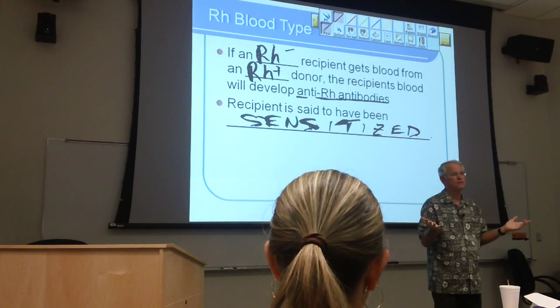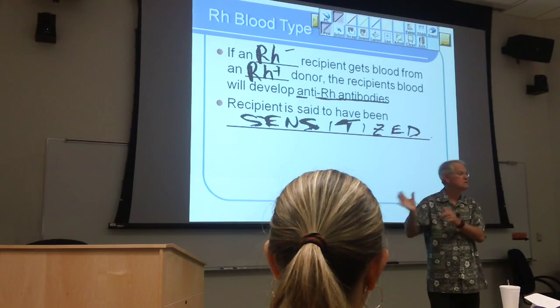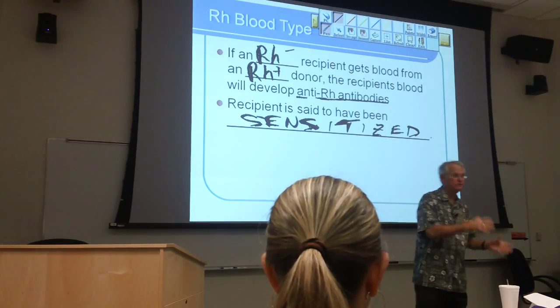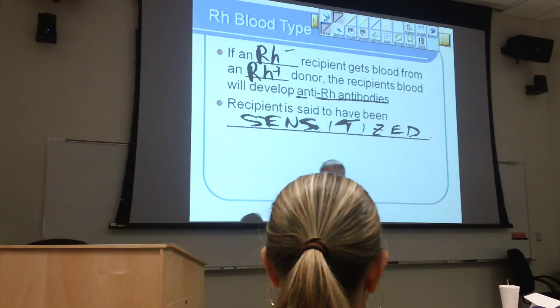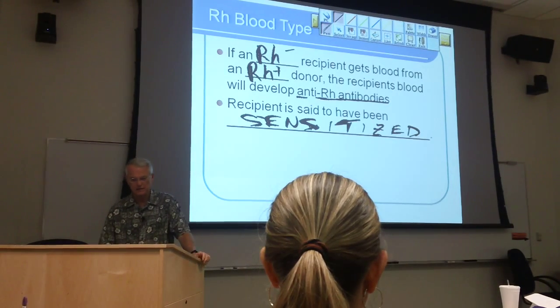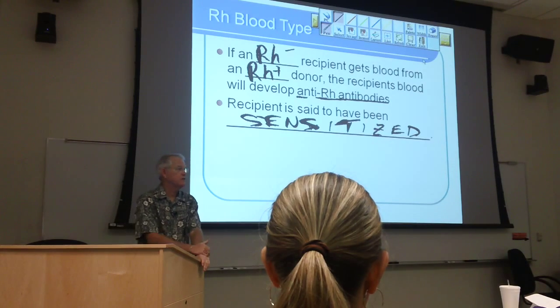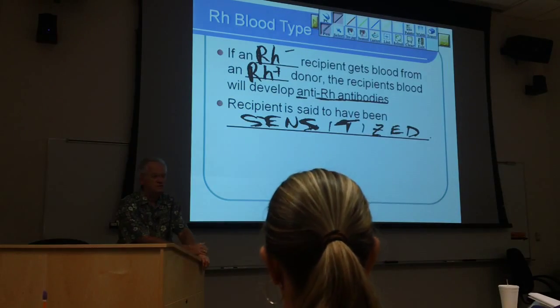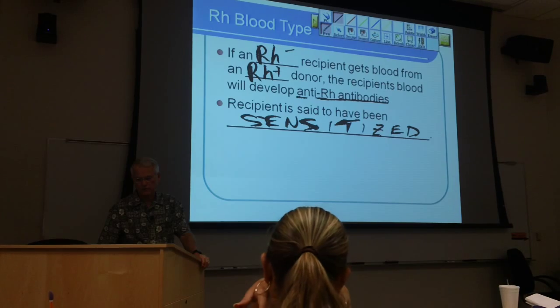Yeah, because the negative person would not have any antigens that would sensitize the recipient. But if the positive blood goes into that negative person, you're going to produce antibodies and have them sensitized, and that's not good. Everybody clear on this? Please say so if you're not, folks. This stuff gets a little bit hairy as we're going through it.